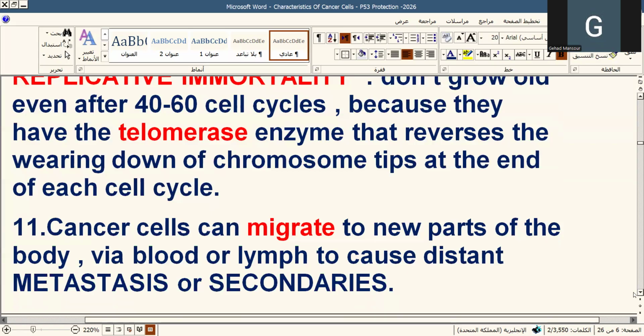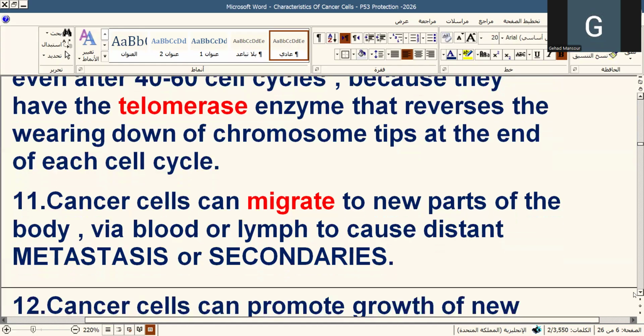Why do they have this ability, although with every cycle of replication they lose part of their telomere? If you remember, in normal cells, I said it's true that they have their own telomerase enzyme, but sometimes the rate of division is more than the ability of the telomerase enzyme to rebuild the telomeres. So the problem with normal cells that makes them die or stop division is that they have a relatively limited amount of telomerase enzyme.